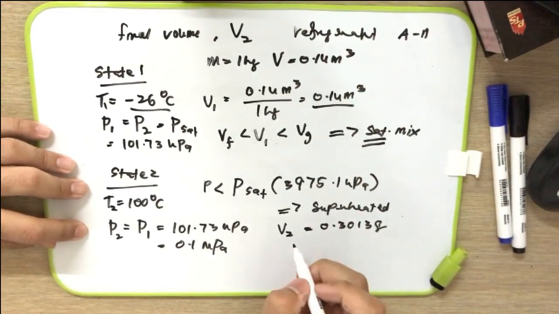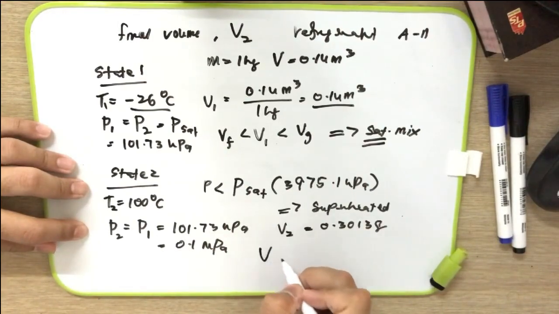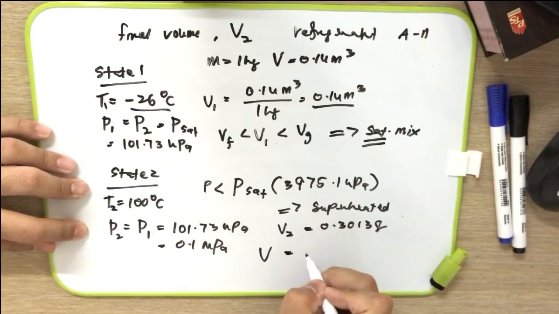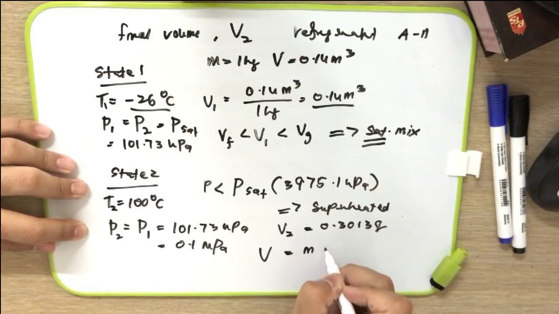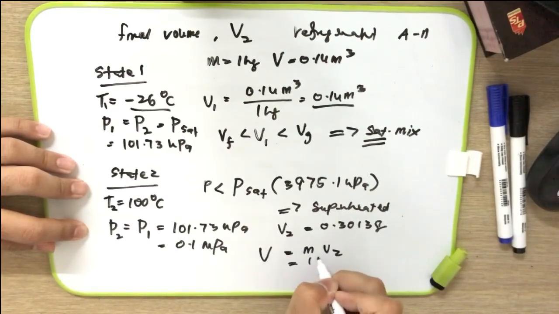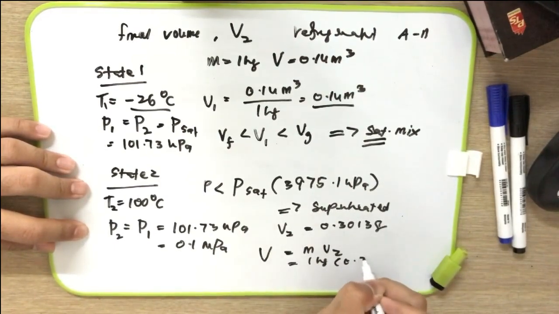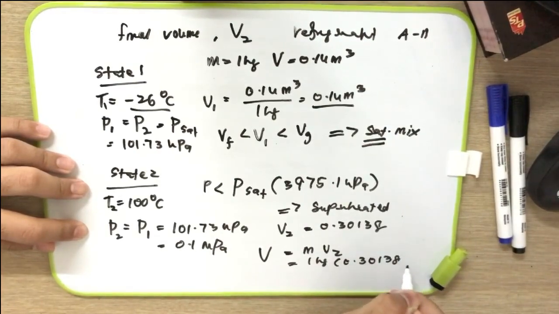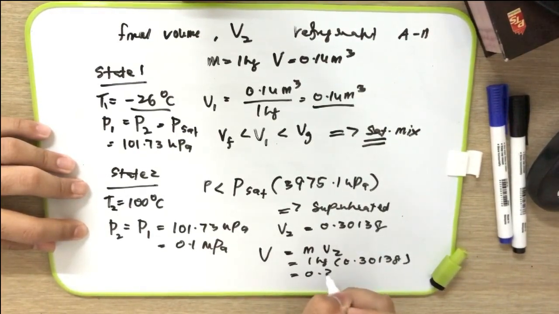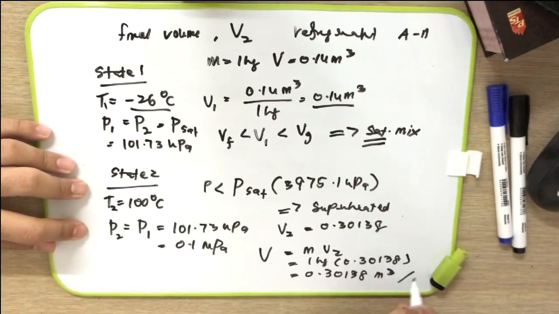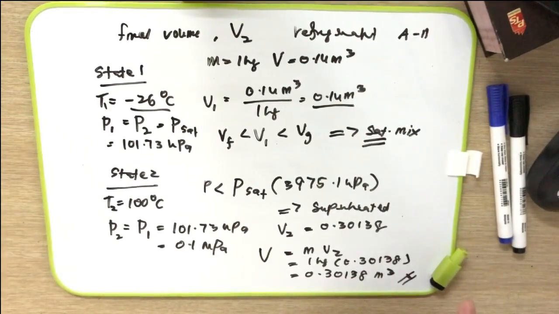So in order to find the volume, you need to multiply with the mass. So that's how you do question number 6.